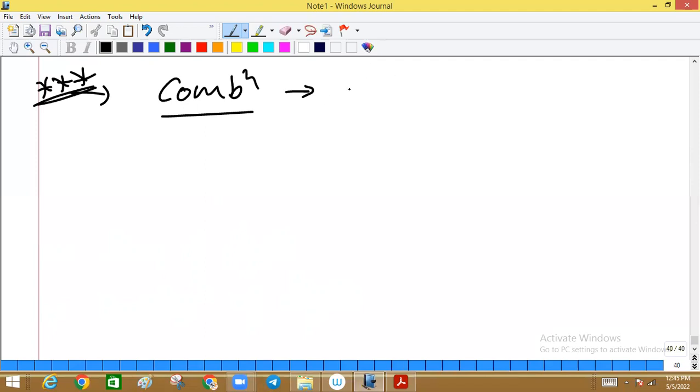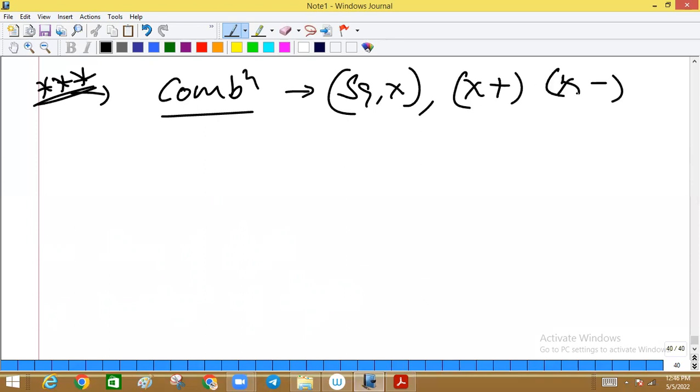So write down: squares and multiplication, this is one format. Multiplication and addition, second format. Multiplication and subtraction, another format. Division and addition is another format. Division and subtraction, another format. They are going to combine all these things, for example squares and divisions, square followed by division.